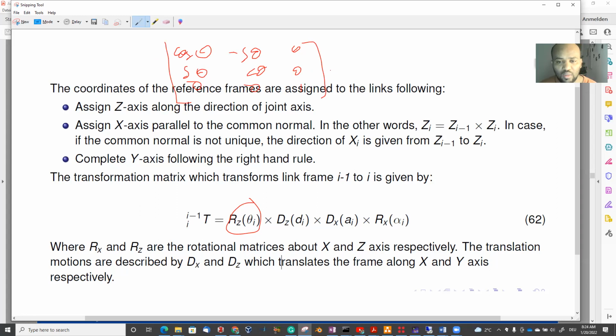Then multiply by dz, which means translate about the z-axis, which is 0, 0, 1. Multiply with translate about, actually no, sorry, that's my mistake.